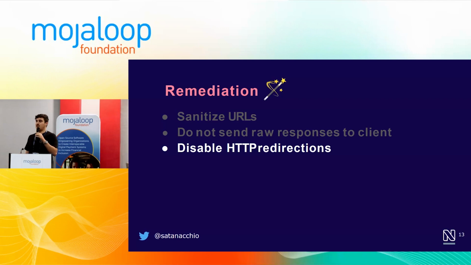So just disable them. If the HTTP response is 302, you block it. So this was number 10. It means it's actually the lowest in our top 10. This is common, but it doesn't have a bigger impact.